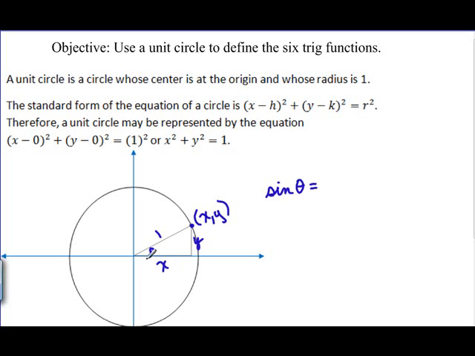In this case, sine of theta is opposite over hypotenuse, which would be y over 1, or just y. And what about cosine of theta? That is adjacent over hypotenuse, or x over 1, which is x.